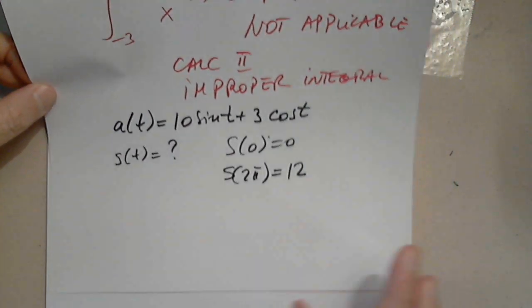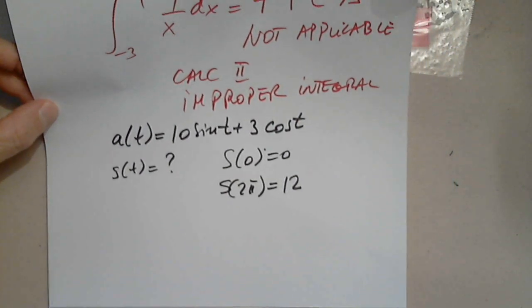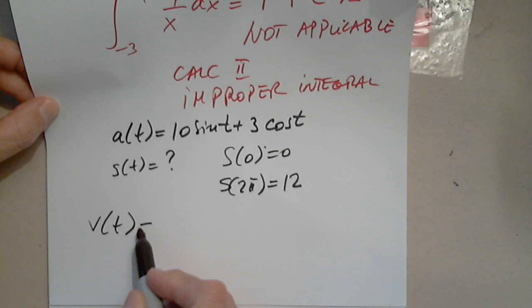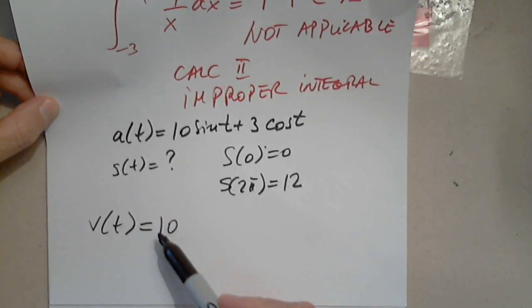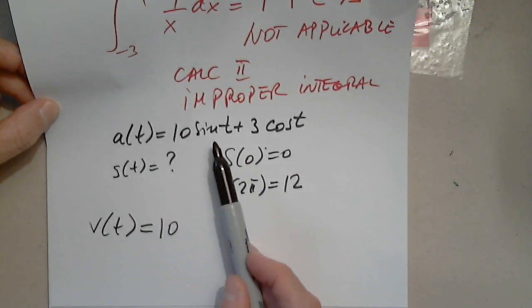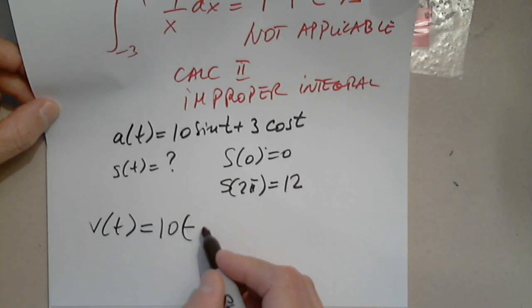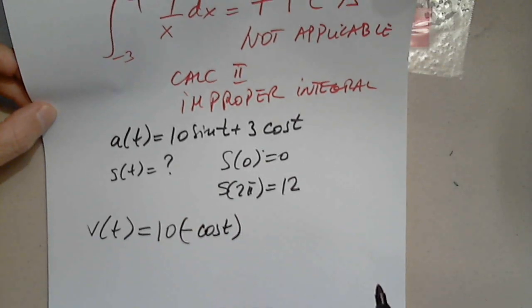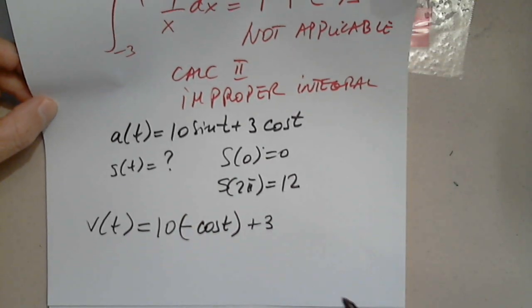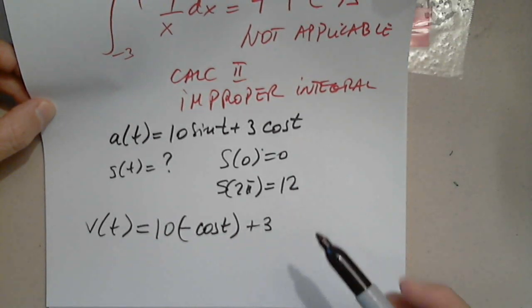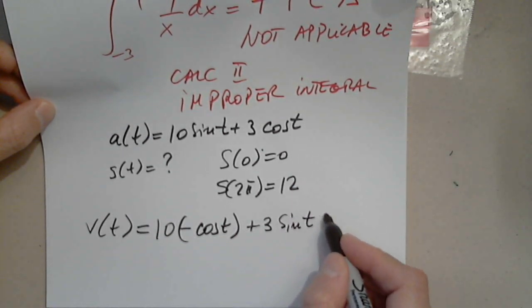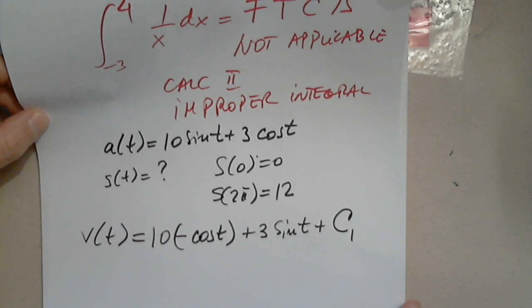Okay. So first I have to find the velocity function. 10 is 10. Which function prime is sine t? And that will be negative cosine t. Again, 3 is 3. Which function prime is cosine? And that would be sine t plus a constant c1.